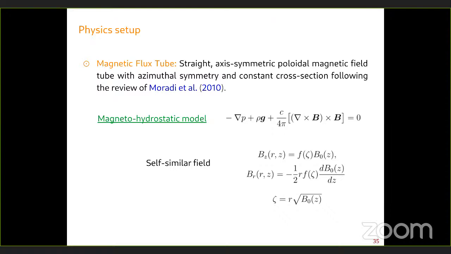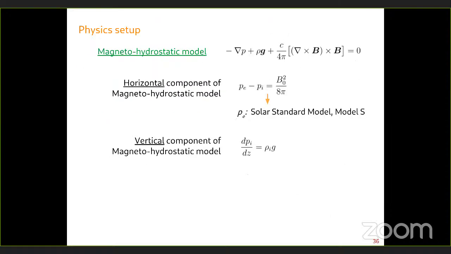Plugging those components into this hydrostatic model, the horizontal component is related to the lateral pressure balance between the interior of the magnetic field and the exterior of it. And the vertical component relates to the gravity that the magnetic flux tube is subject to.